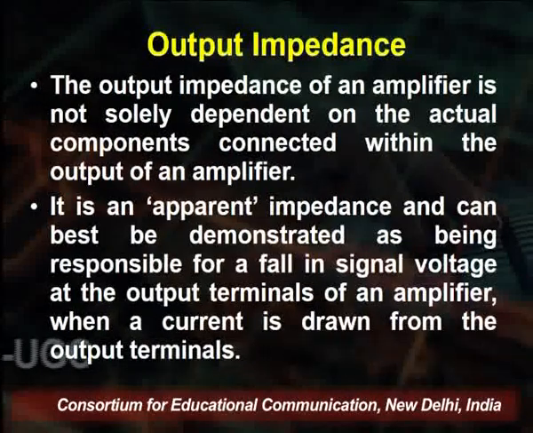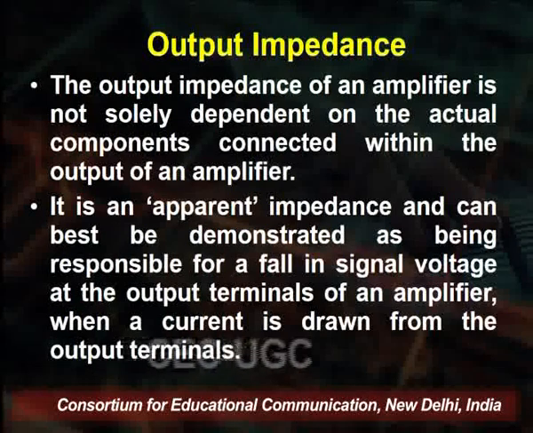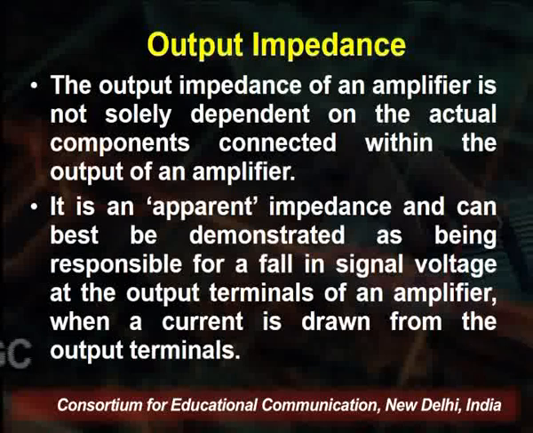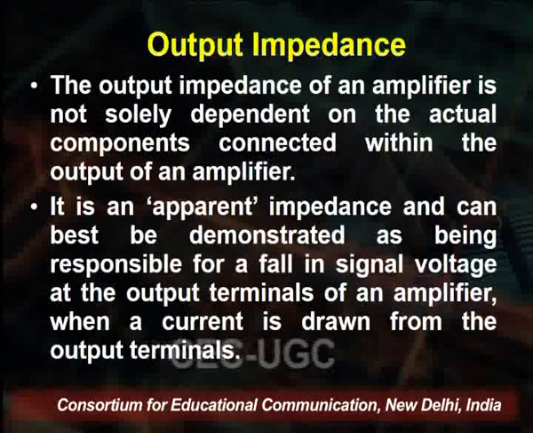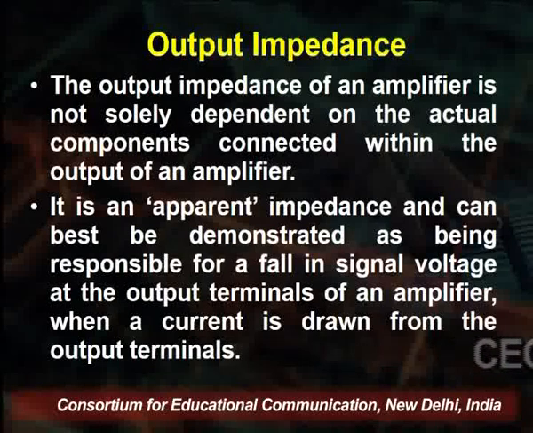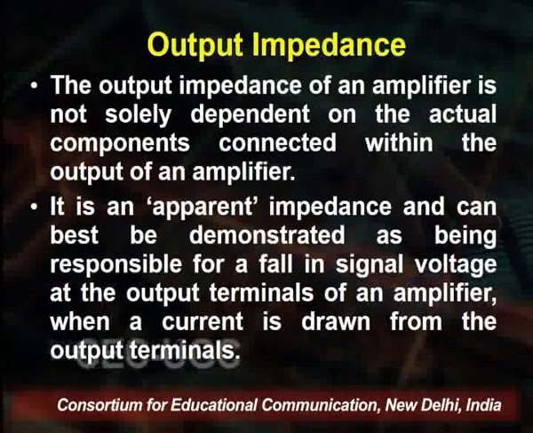And what is the output impedance? Output impedance in an amplifier does not solely depend upon the actual component connected to the output of the amplifier, but it is an apparent impedance that can best be demonstrated using the reduction of the signal voltage at the output terminal of the amplifier.